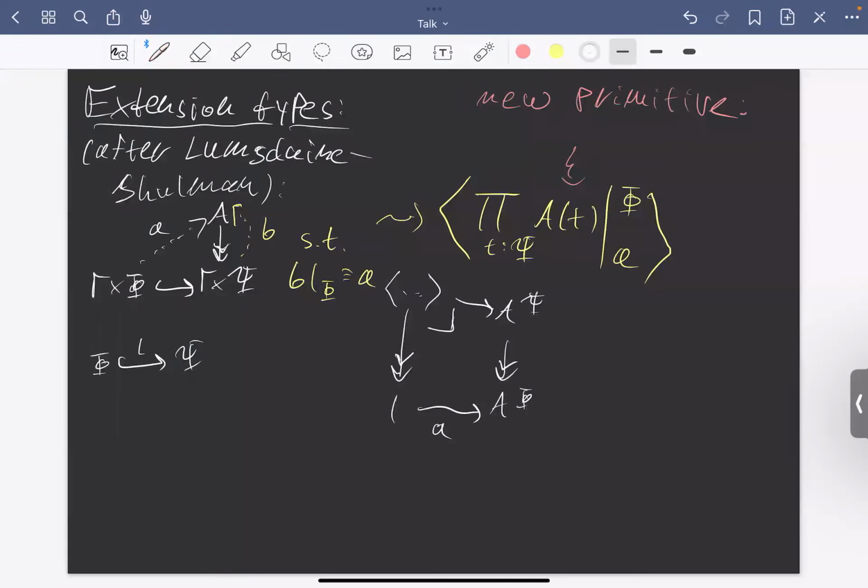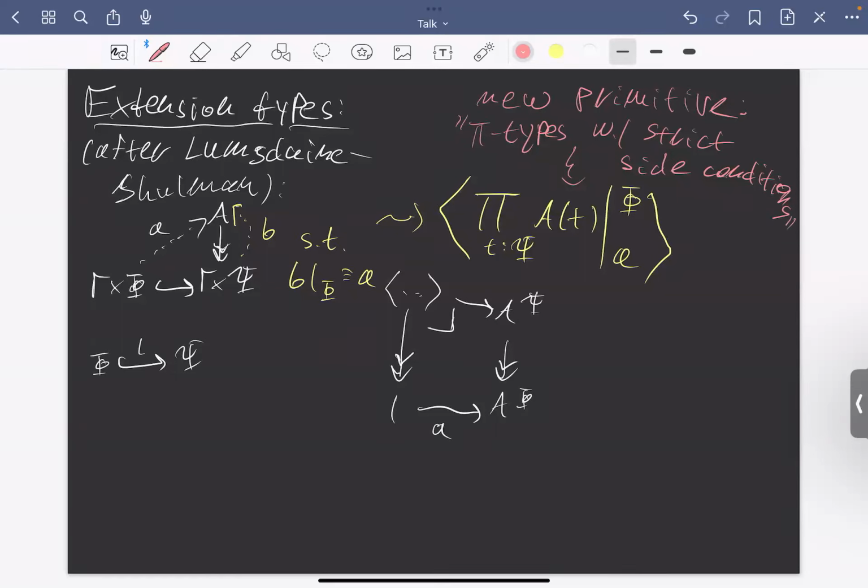So if we want to be a bit more precise foundationally, it's not enough. Okay, this is a new primitive and it's like pi types with strict side conditions. And that's also the idea behind coming up with the rules for this type.